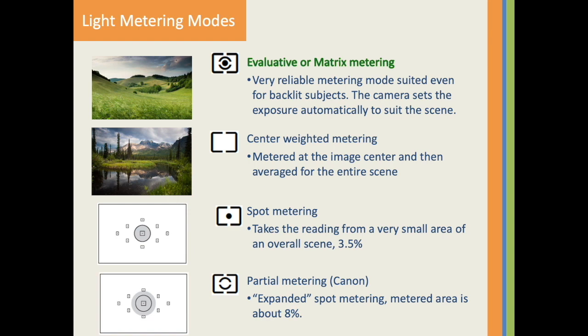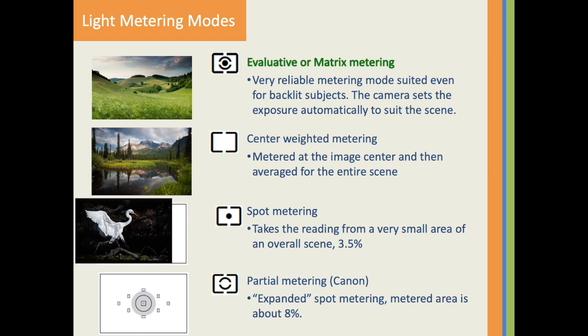So with spot metering, which is available on both Canon and Nikon, the meter takes a reading from a very small area of the overall scene, about 3.5%. With partial metering, which is only available on Canon, I call that an expanded spot metering, where the metered area is about 8 to 10%.